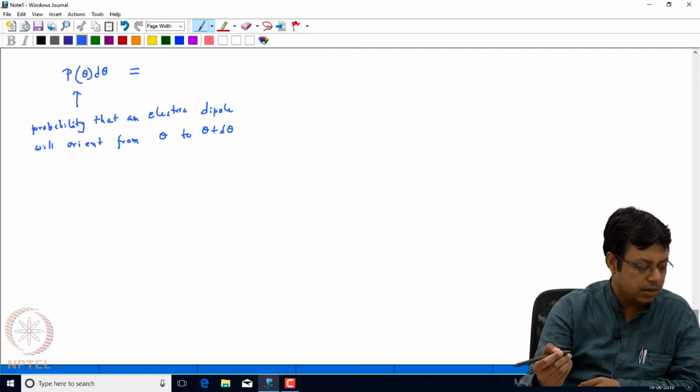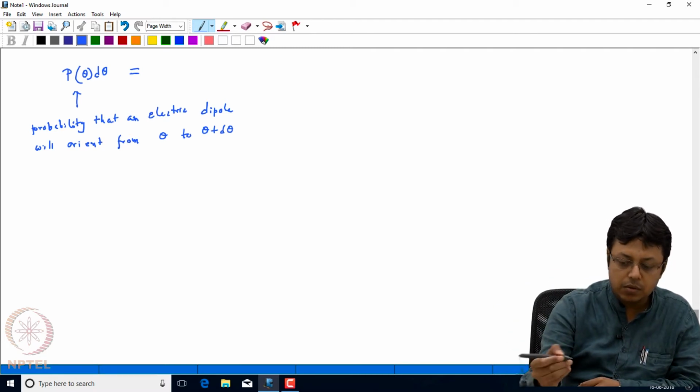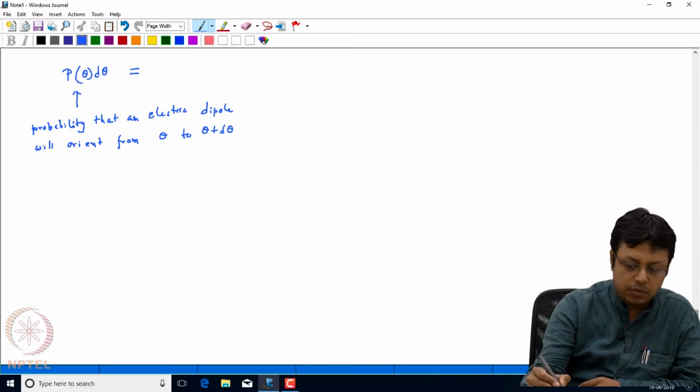So, how do you calculate that probability? It will be like any Boltzmann probability.